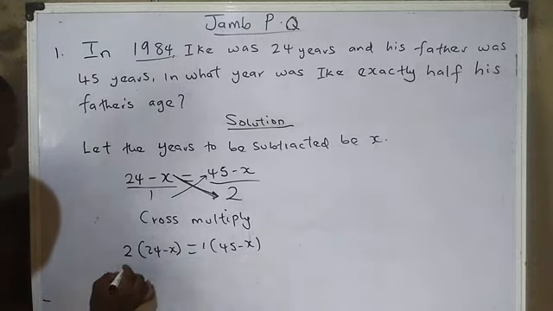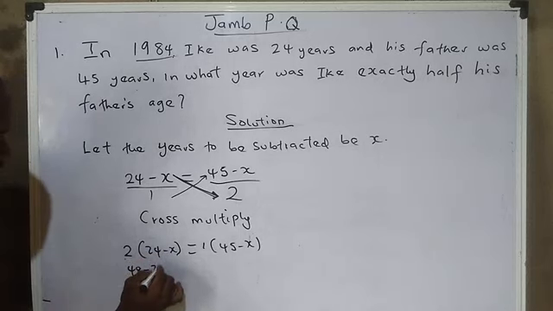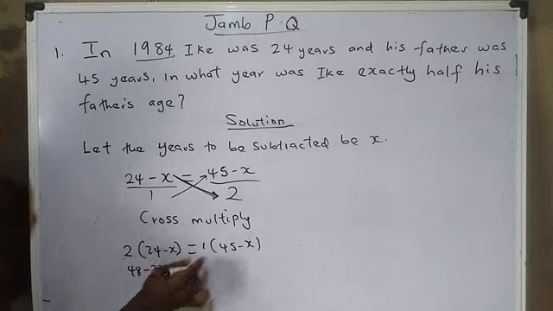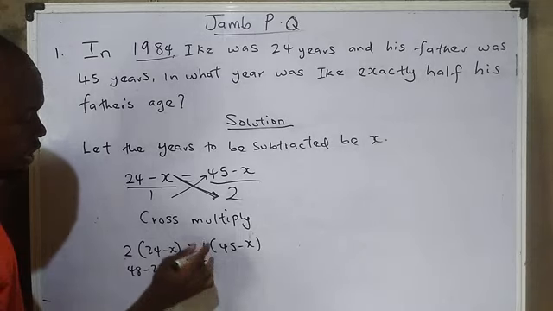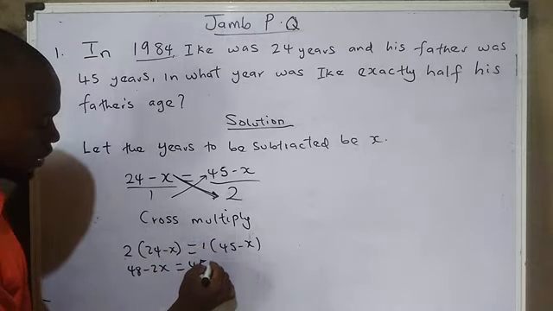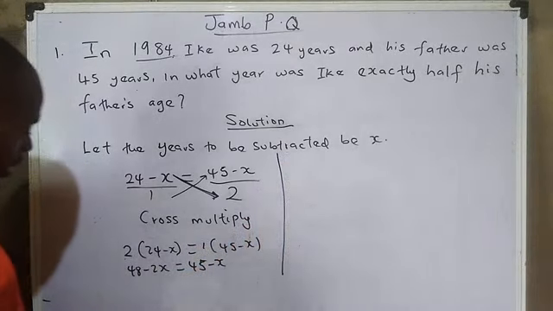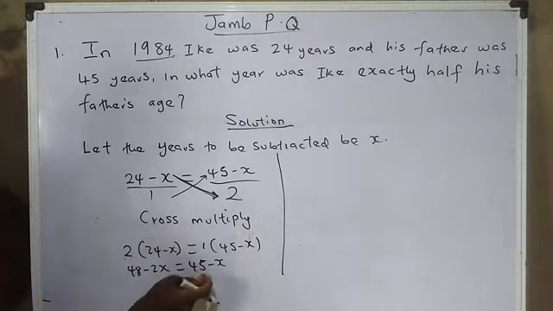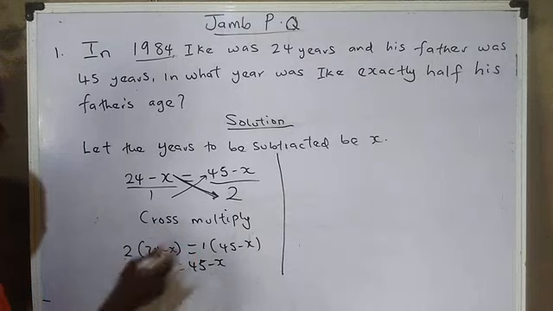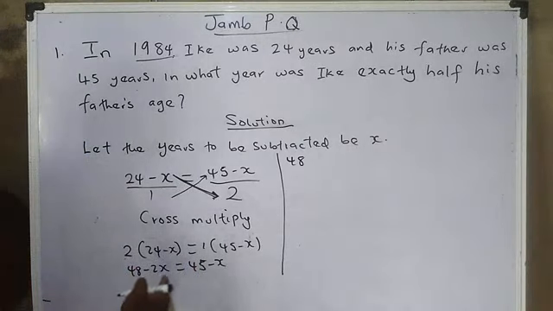Now we want to open up the bracket. So you have 2 multiplied by 24, that will be 48, minus 2 multiplied by x, that will be minus 2x. Equal to 1 multiplied by 45, that will be 45, and 1 multiplied by minus x, that will be minus x. So the next thing is just for you to collect the like terms. Bring this 45 over the equal to sign.